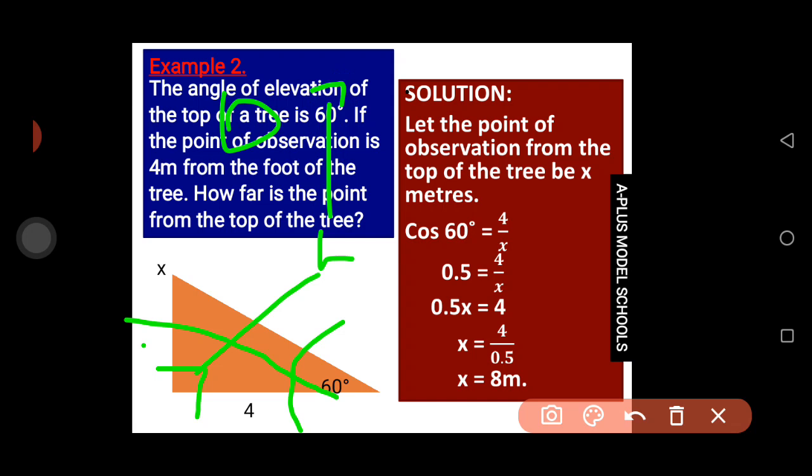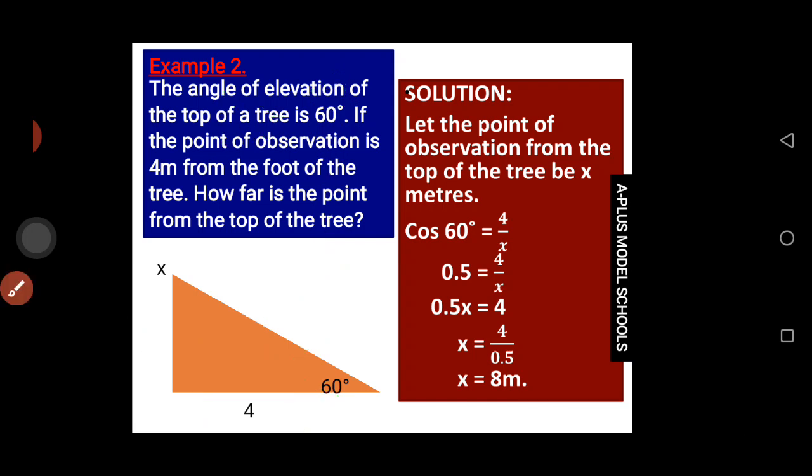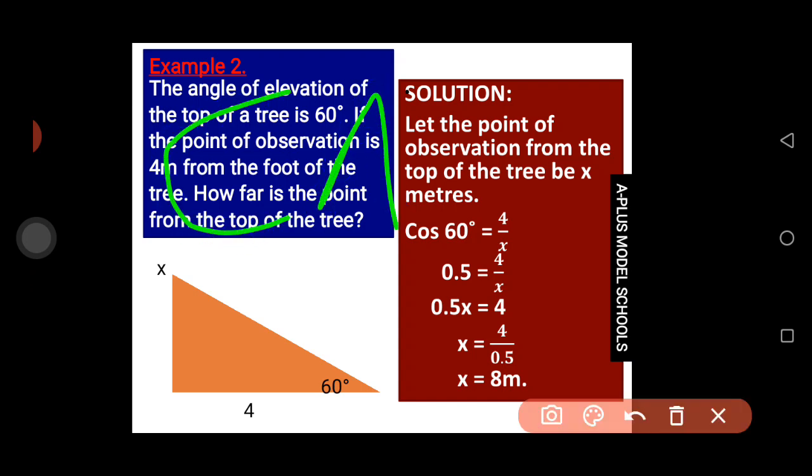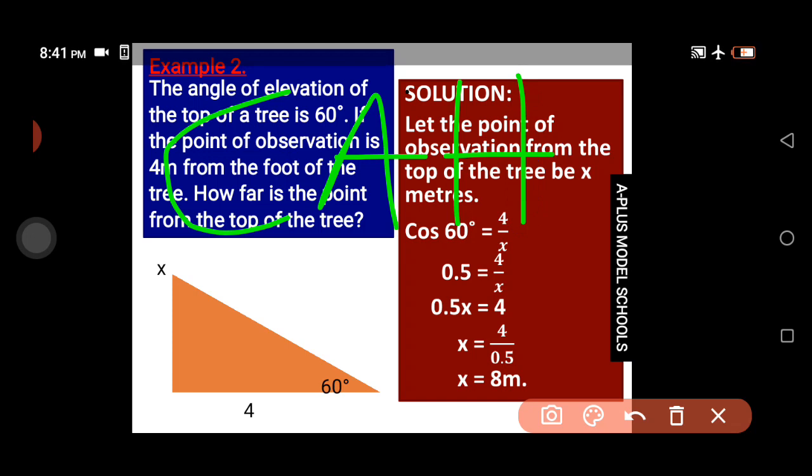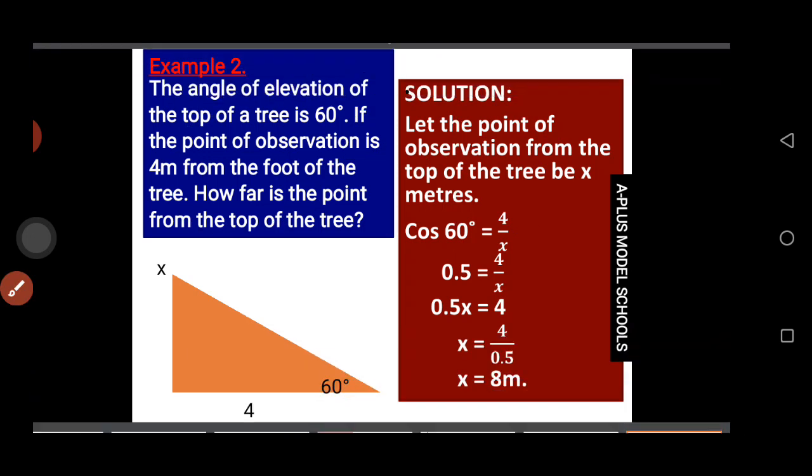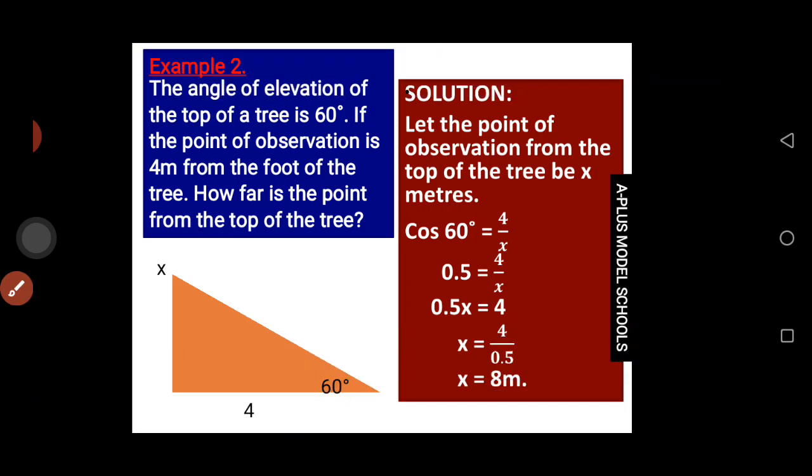Now go and check your trig ratio, which one speaks about opposite and adjacent, and you see that that is cos, which is cos equals adjacent over hypotenuse.